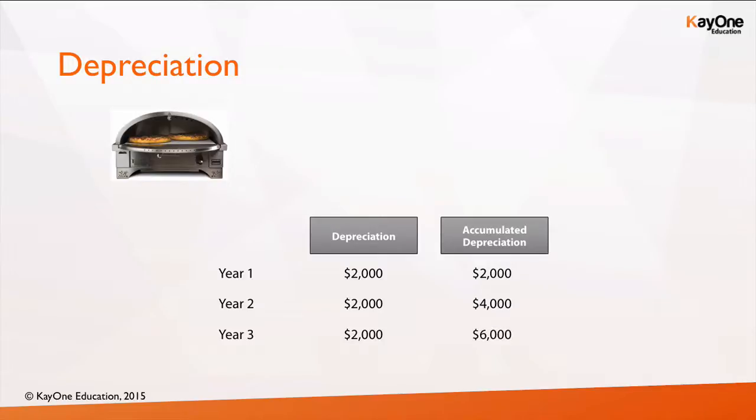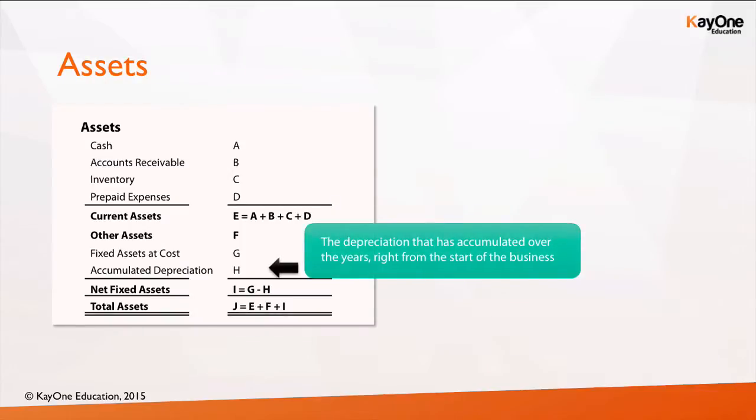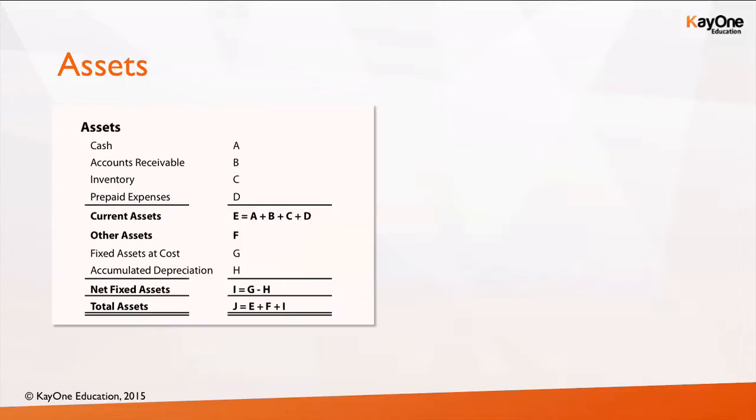So this accumulated depreciation is the cost of the asset which is consumed in the process of production, and therefore it is shown as a deduction in fixed assets. So accumulated depreciation is a depreciation that is accumulated over the period, and it is shown as the deduction from fixed assets, and that is why you have net fixed assets as G minus H, which is total fixed assets minus accumulated depreciation.